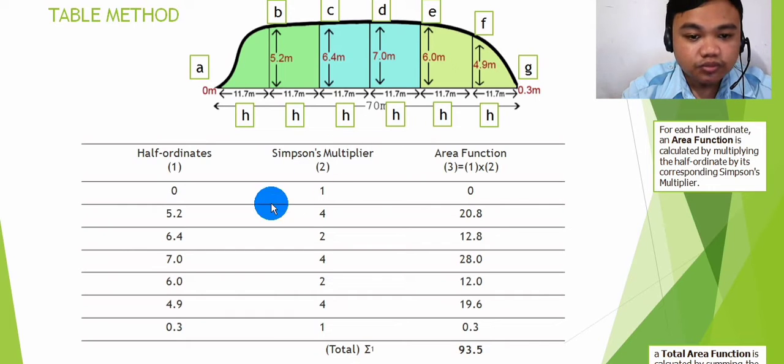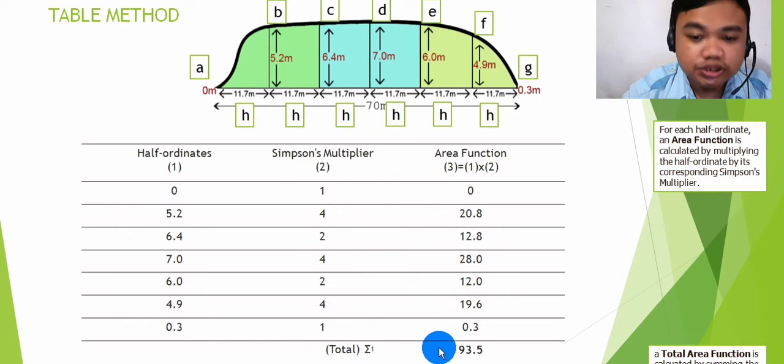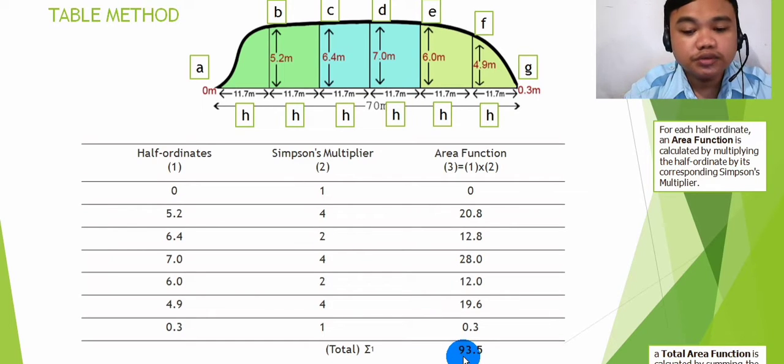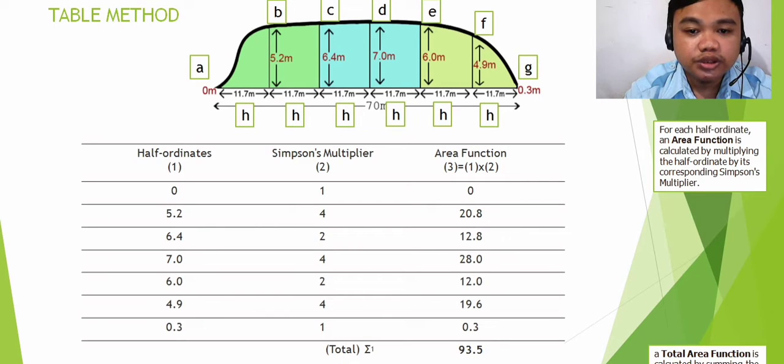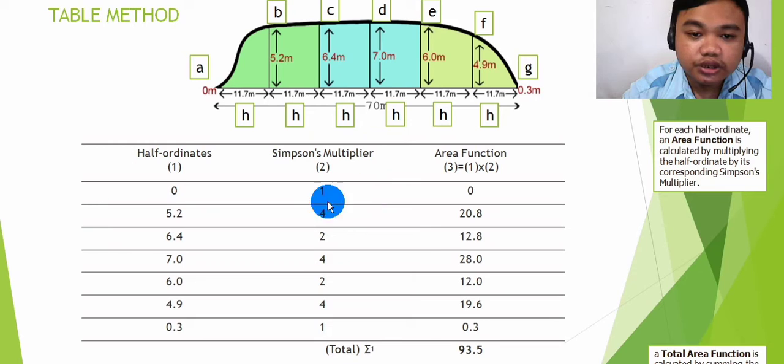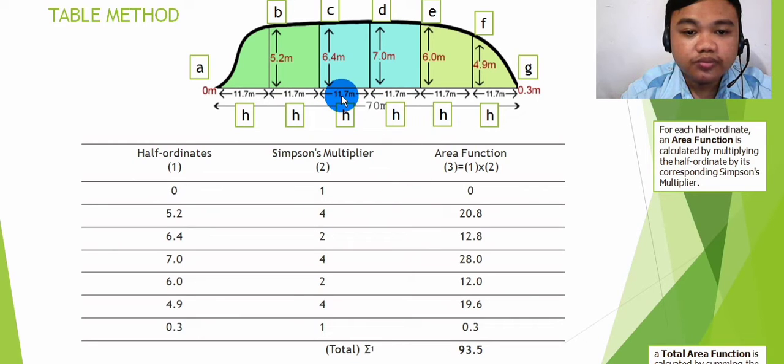So simply multiply it, and that will be the product. So these are the products, and the summation of the products is 93.5. So by simply multiplying this by 1/3 times the common interval, which is 11.7. So by the way, how did we derive 11.7?